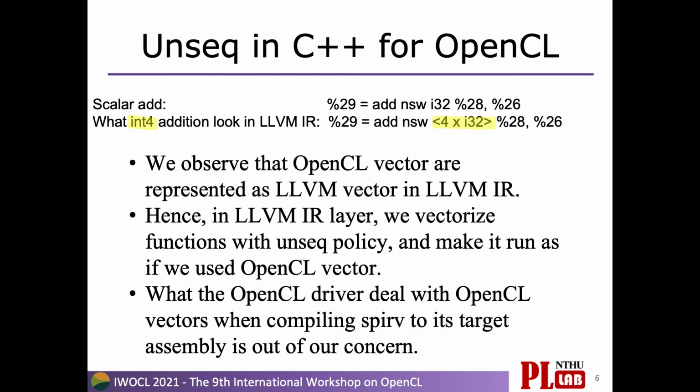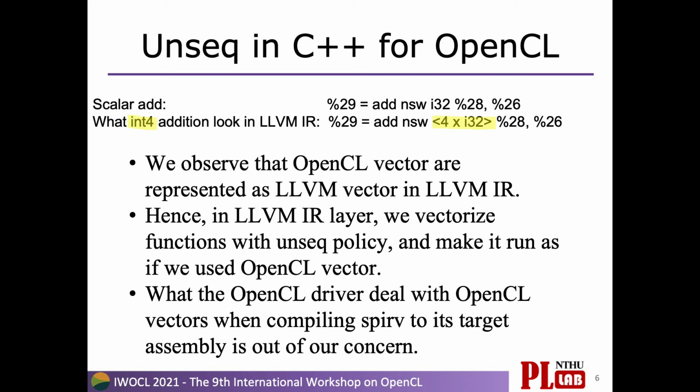We observe that OpenCL vectors are represented as LLVM vectors in LLVM IR. So a scalar addition would be mapped to just add in LLVM, while an int4 addition will look like add nsw <4 x i32> in the LLVM IR.